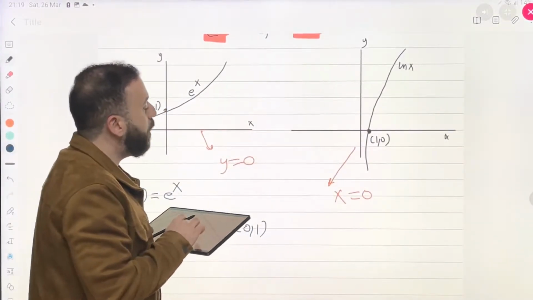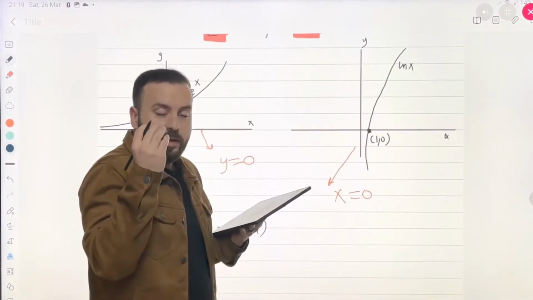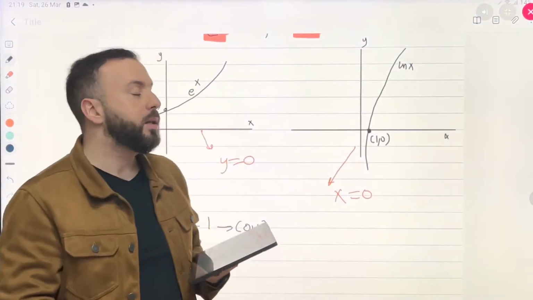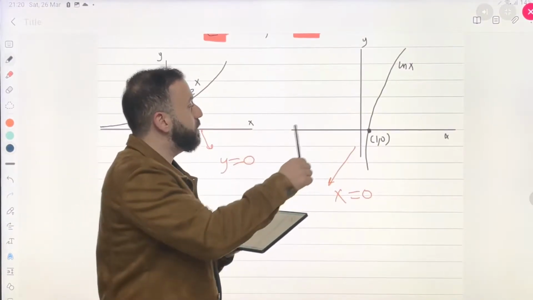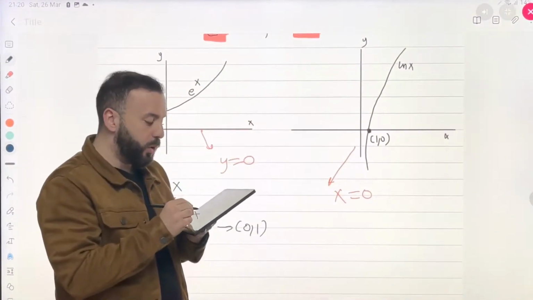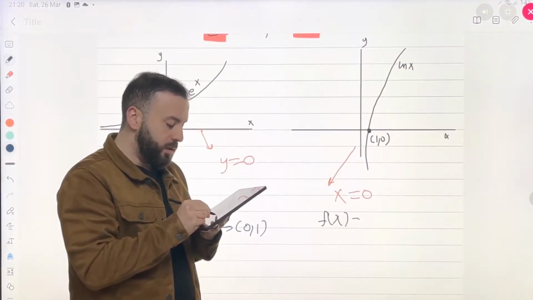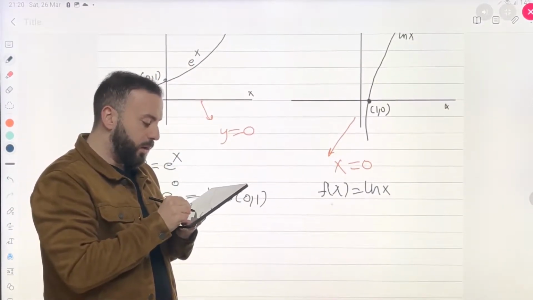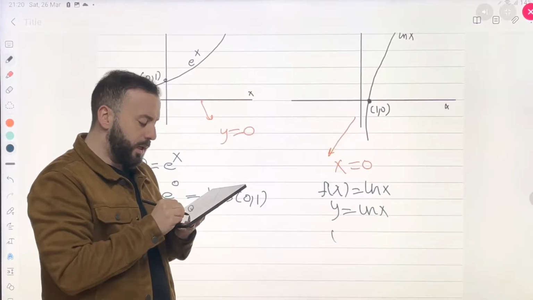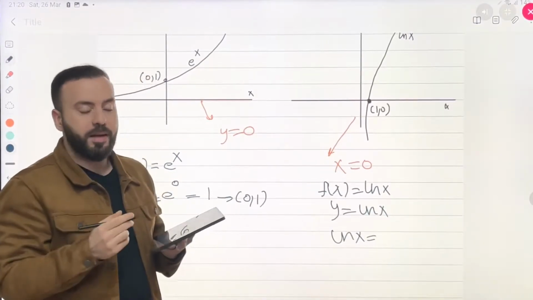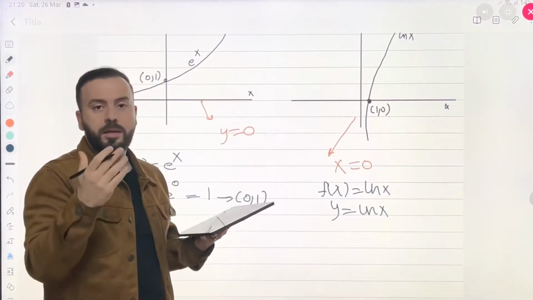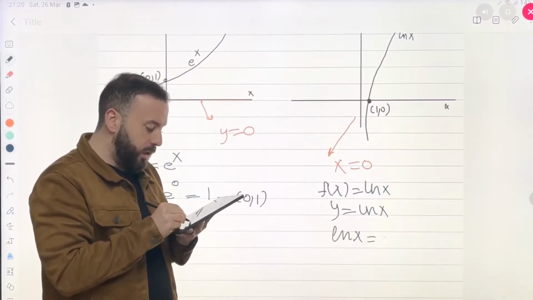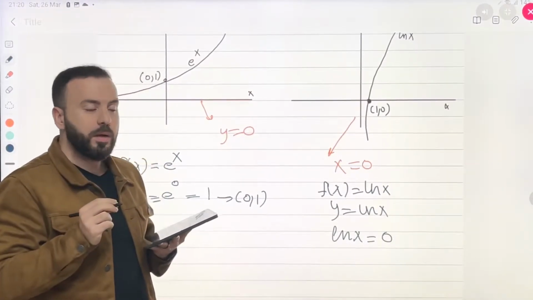The second thing is about the ln. What is the major point also? The x-intercept. When I say there's an x-intercept, I need to get y equal to 0, so f of x is equal to ln x, and f of x must be 0. So ln x is equal to 0, and that happens where exactly?